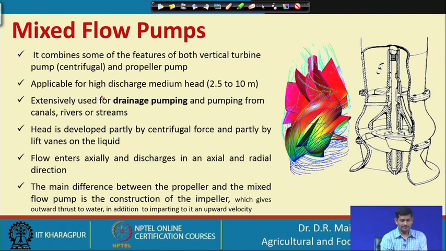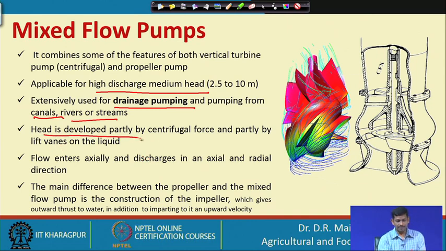So, it is applicable for high discharge and medium head, like 2.5 to 10 meters, and extensively used for drainage pumping, and also from canals and rivers. Compared to the propeller pumps, mixed flow pumps get more head because of the centrifugal action which is added in this pump.